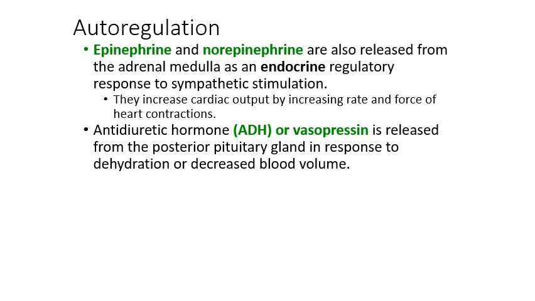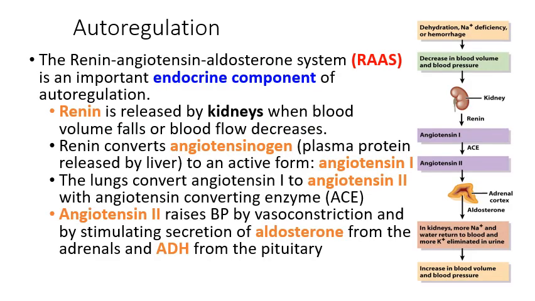That's going to tell your kidneys to basically hang on to as much water as they can, so to not lose water through the urine as much. And if we don't lose water through the urine, the water stays in the body, and that will eventually raise the blood pressure.